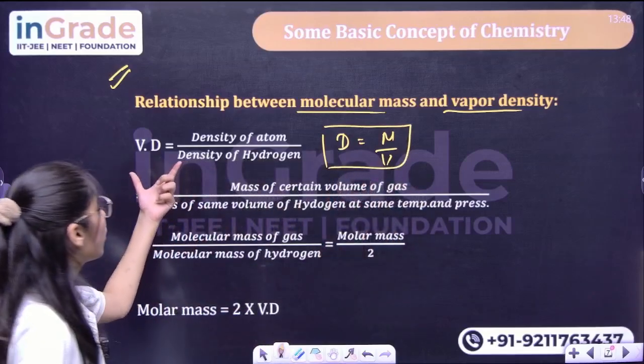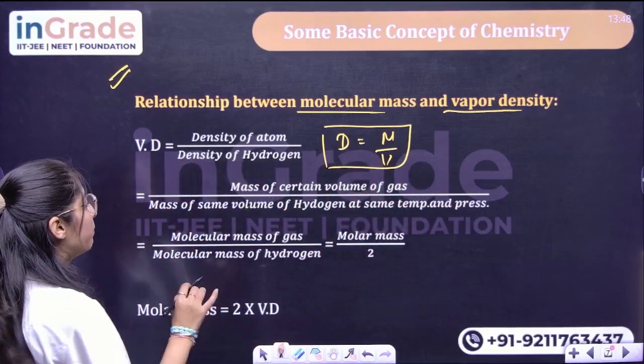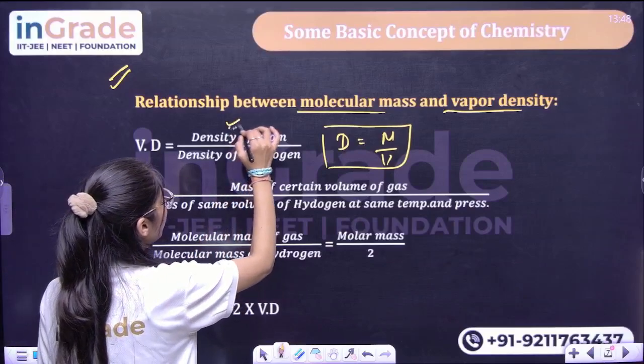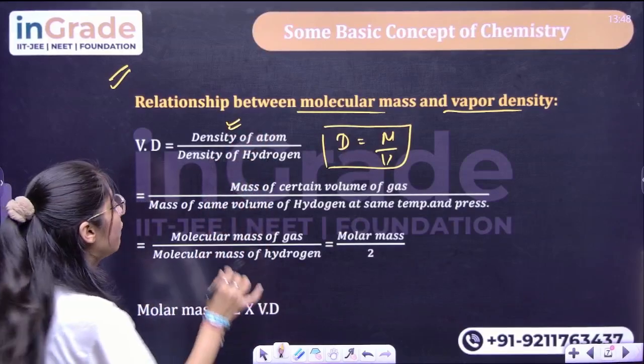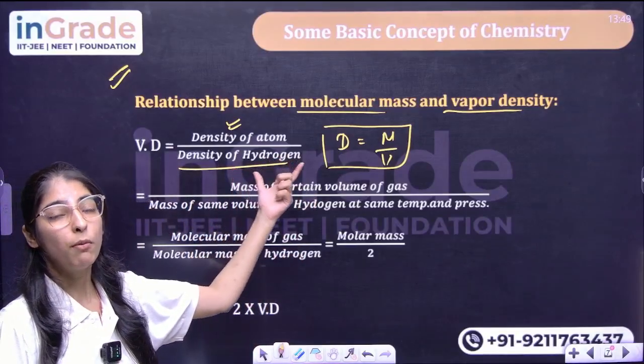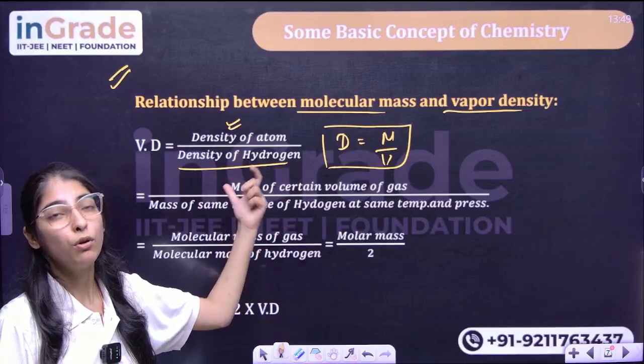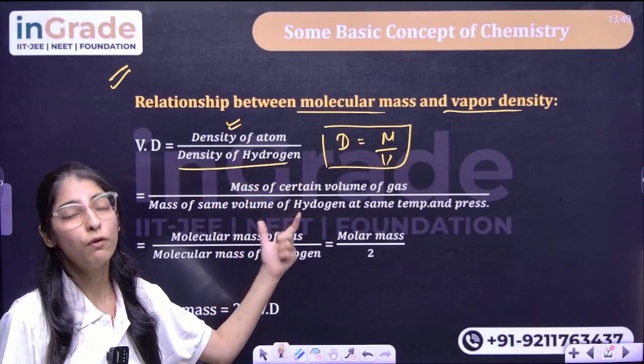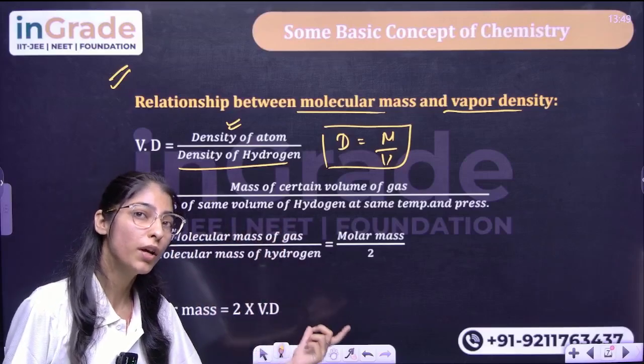So vapor density simply says that we take the density of gas and divide it by the density of hydrogen. If we want to calculate density in terms of molecule, how are we going to calculate it? Let's see.